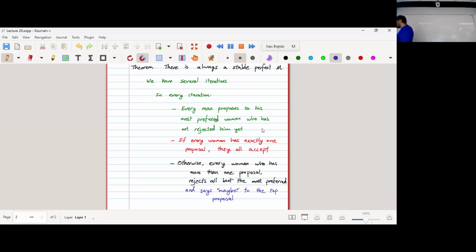Yeah, so one way we can prove that the algorithm finishes is if we find some value that is decreasing and we say that this value cannot decrease forever. Okay, so kind of like an infinite descent. So what I want to do here is I want to say there is something that is decreasing. And what decreases here is basically the list of women that each man is willing to propose to.